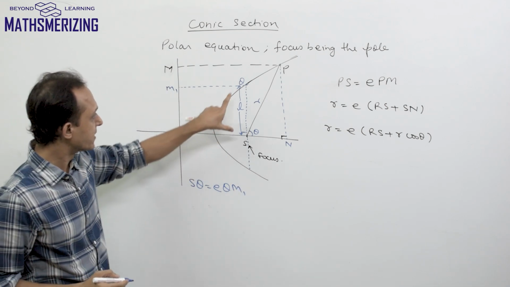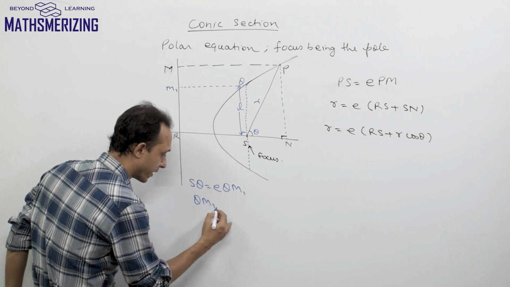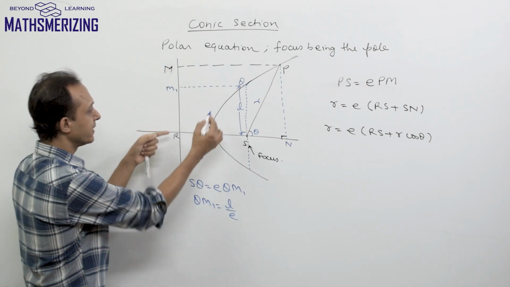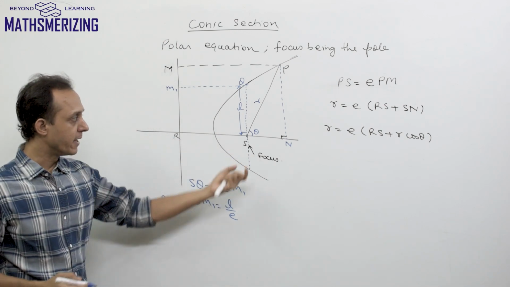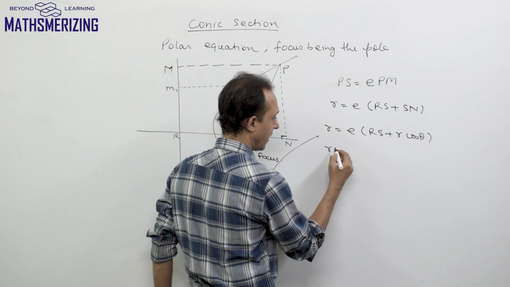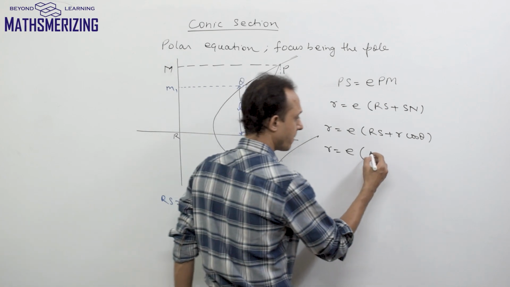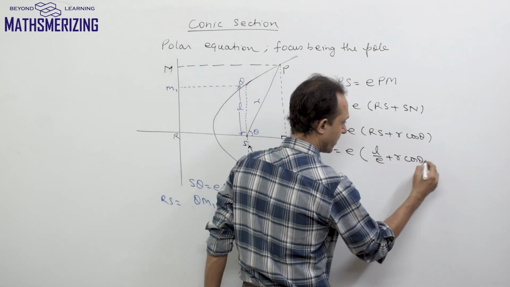Now SQ in this case is semi-latus rectum, so it will be L. So I can write QM1 as L by E. So this length RS is actually equal to L by E. So I can write this equation as R equals E times, RS is L by E, plus R cos theta.